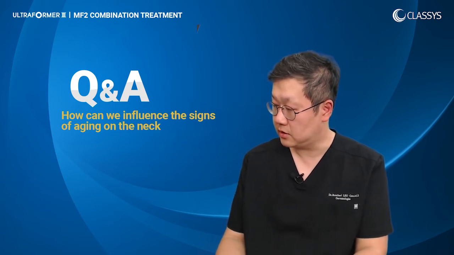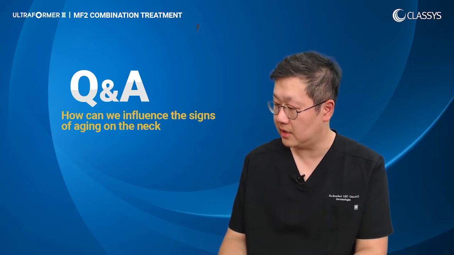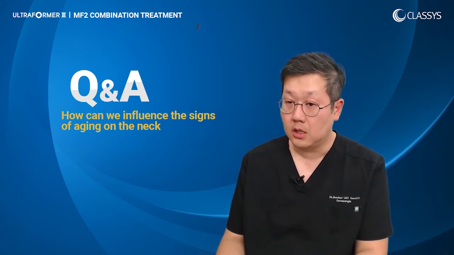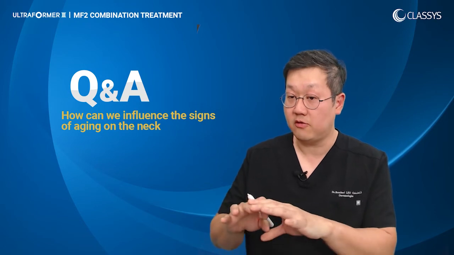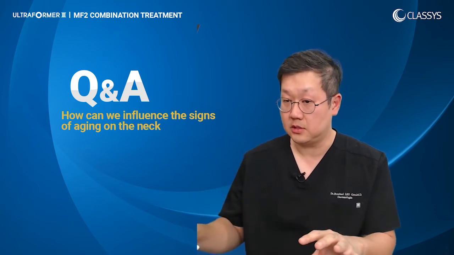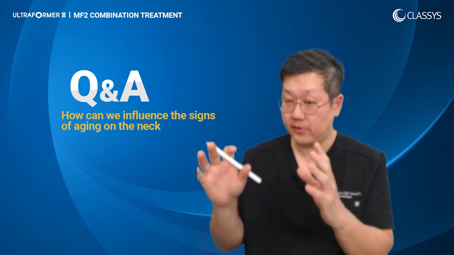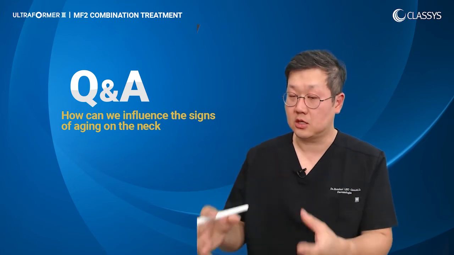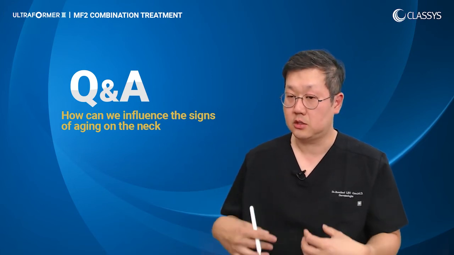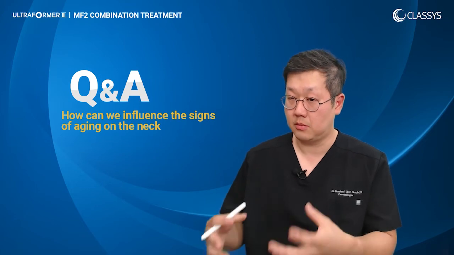And the next question is, what is the interval if we combine filler, thread, and the Ultraformer all together? Usually, if you are dividing the treating depths, you can use the EBD first, and then injectables later, just turn by turn.